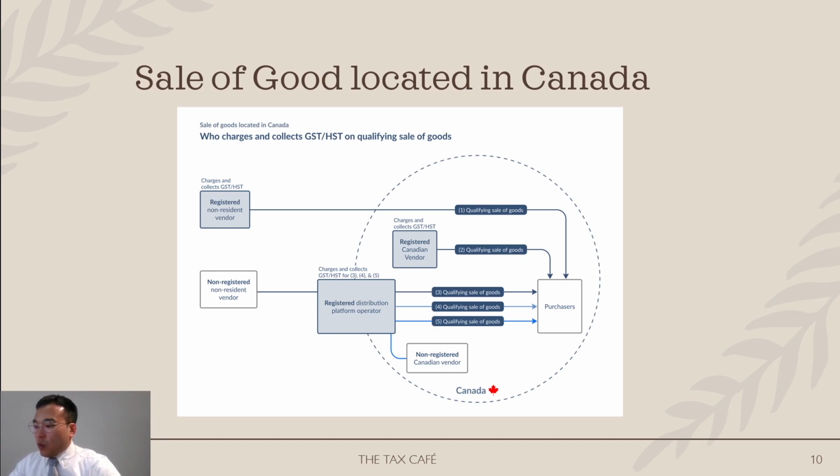So I guess if you become a seller, Amazon and DPOs will have to request and make sure whether you are a GST or HST registrant or not, right? Because it totally changes their responsibility in terms of collecting GST and HST.